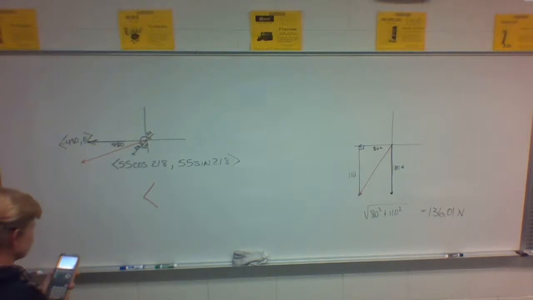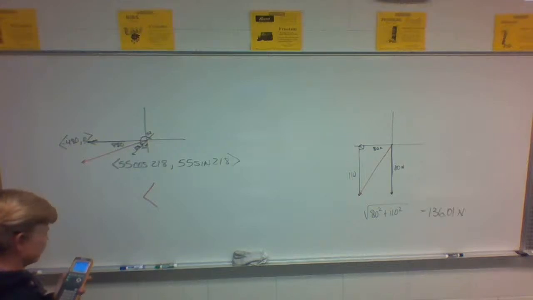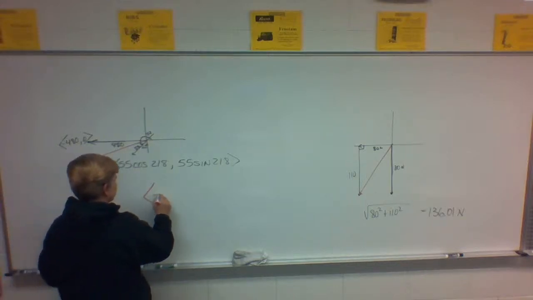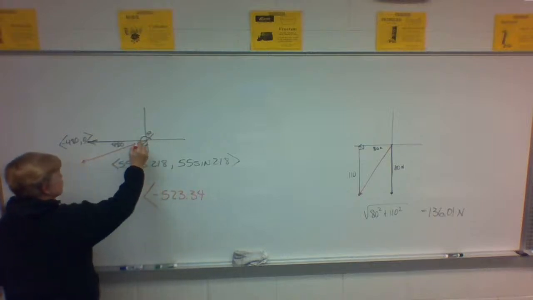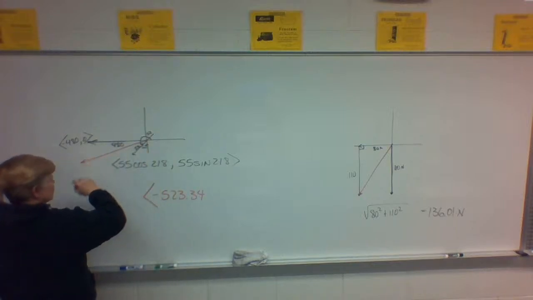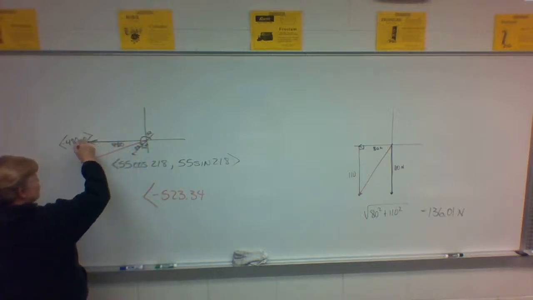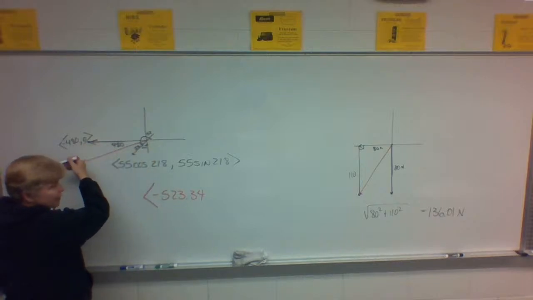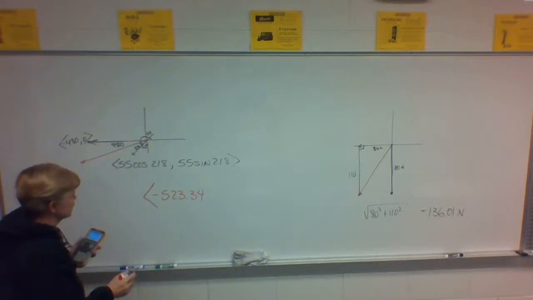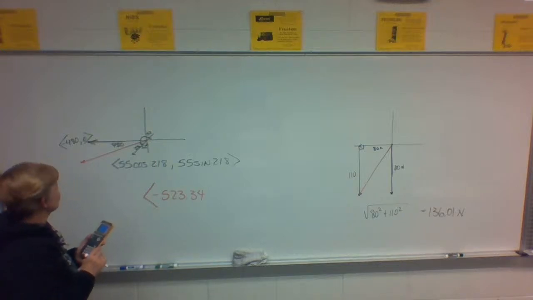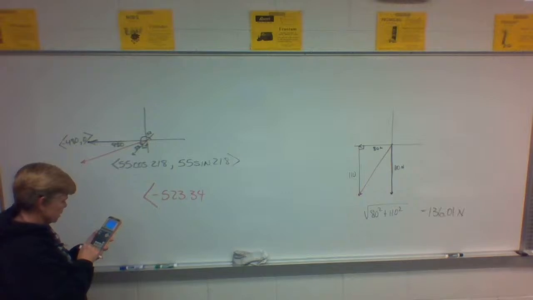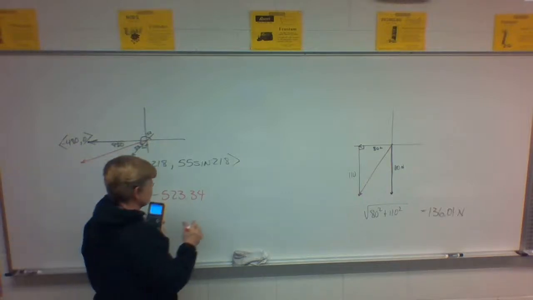So that first component is negative 523.34, is that right? Which makes pretty good sense because this point right here is what we're looking for. That went out more than 480 because it's being blown somewhat this way by that wind. So that's how much farther we gain, an extra about 43 miles an hour. Anyway, the other one's just going to be 55 sine 218 added to 0, which is negative 33.86.